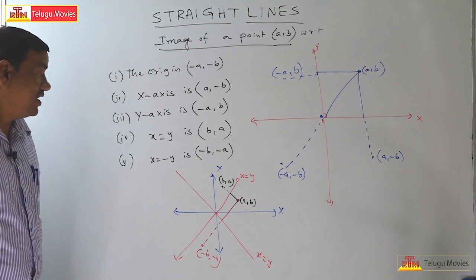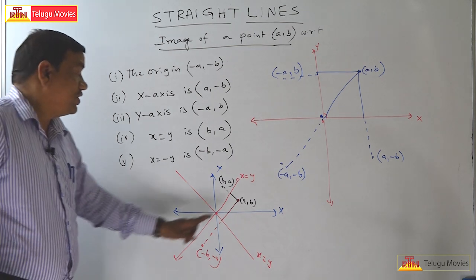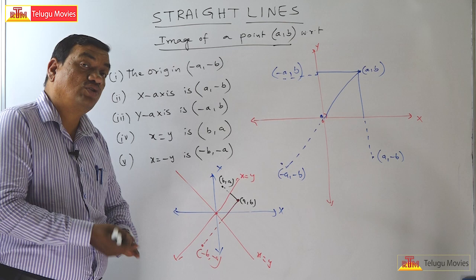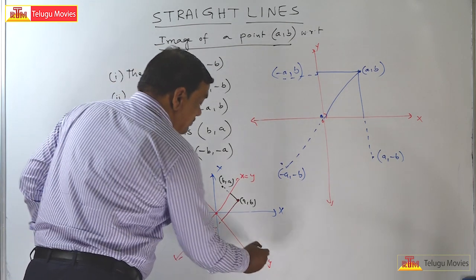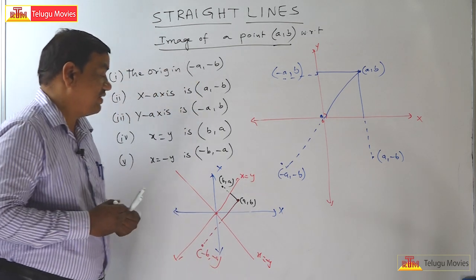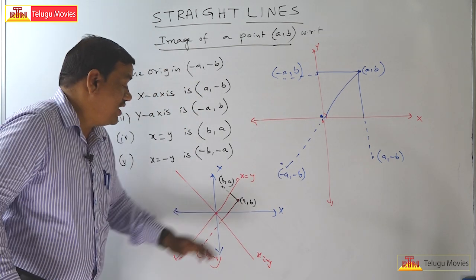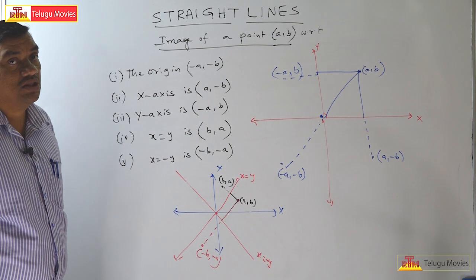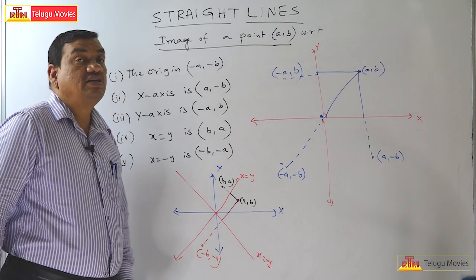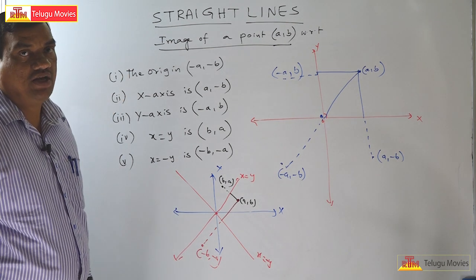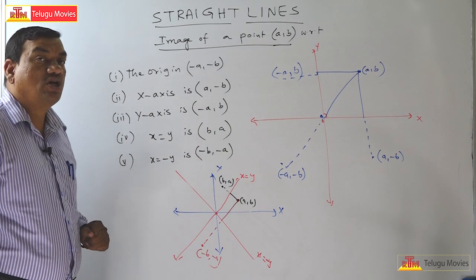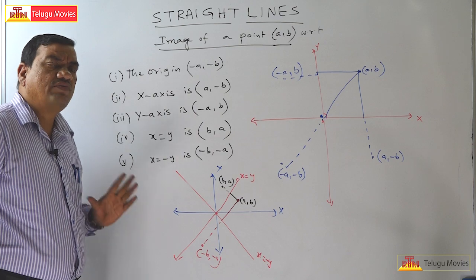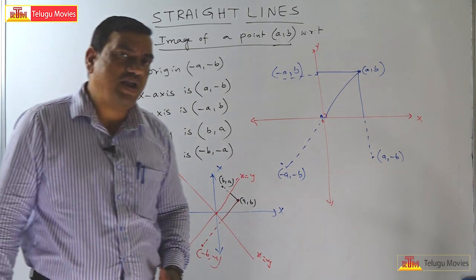Understand? So here a comma b and b comma a both lie in the first quadrant. But with respect to the line x equals minus y, the image of the point a comma b is minus b comma minus a. Okay? Right. So this is a very, very important concept, and it is very useful for your JEE Mains examination.